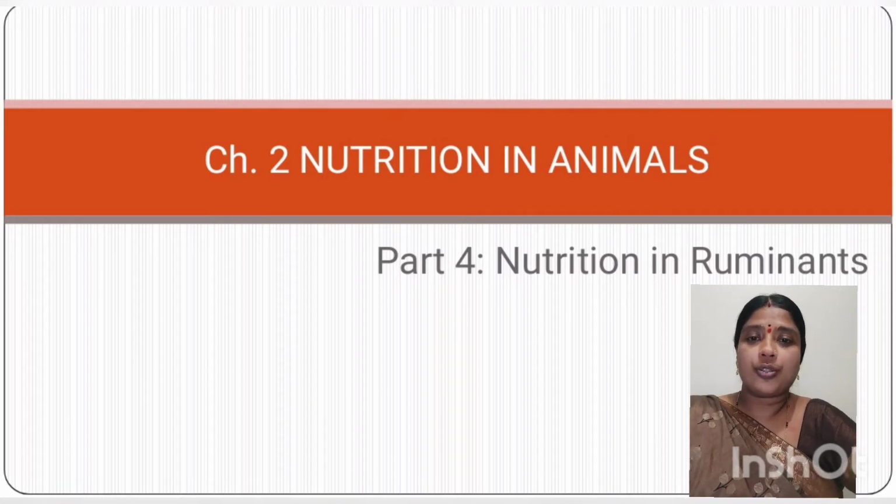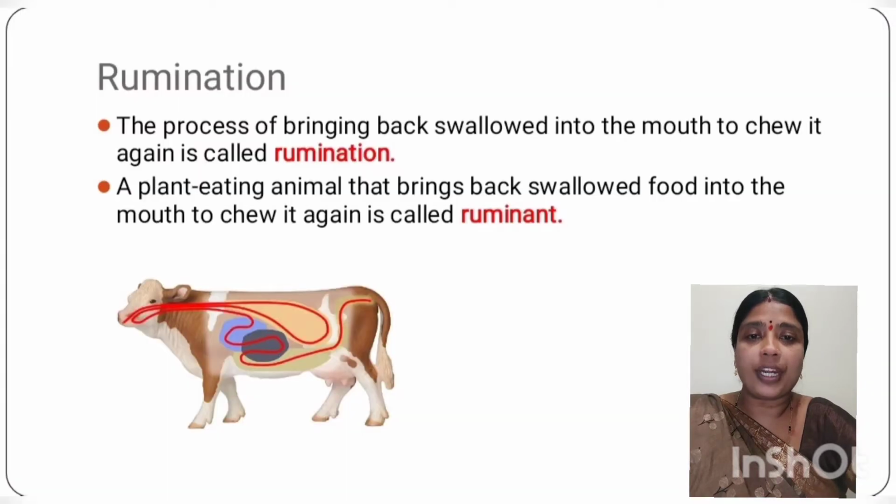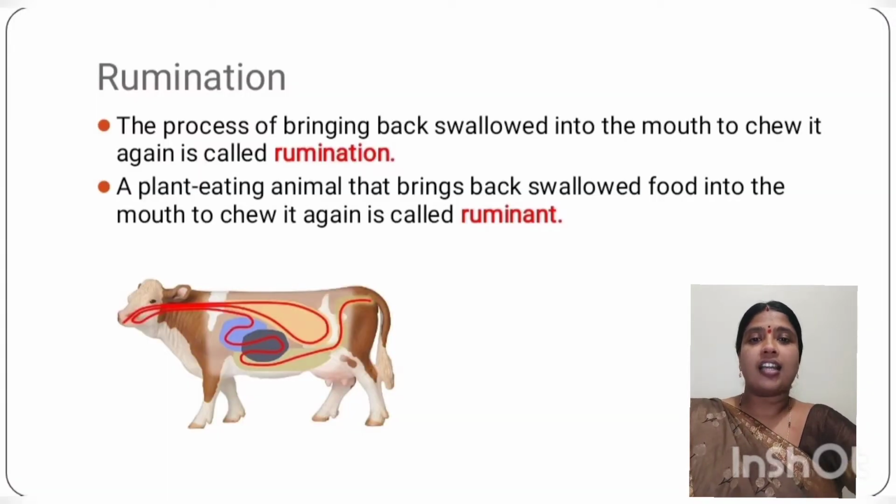Before we start exploring this topic, let us understand what ruminants are. Ruminants are the animals which bring back the swallowed food into the mouth again to chew it. This process is known as rumination.